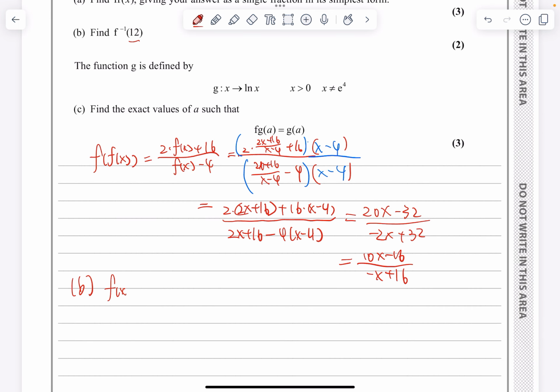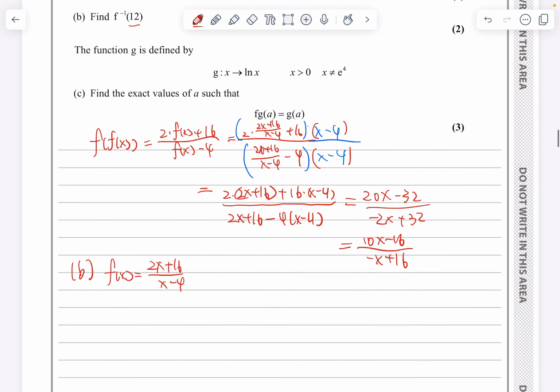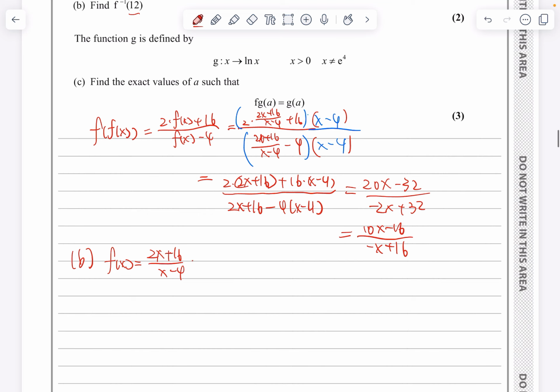You know f(x) equals (2x plus 16) over (x minus 4). That means we just have to put 12 on the right hand side, right? Because we're finding what makes 12 by f, if that makes sense.